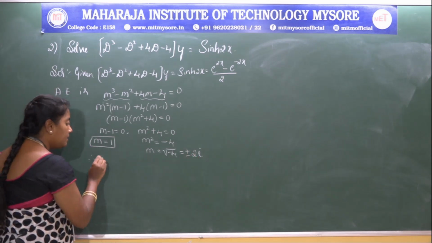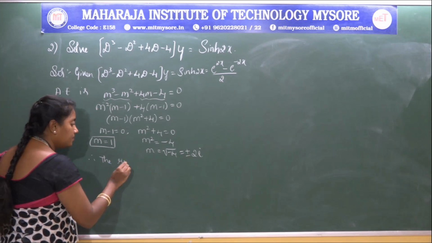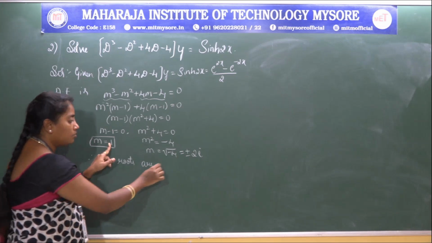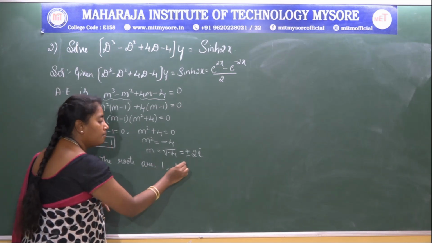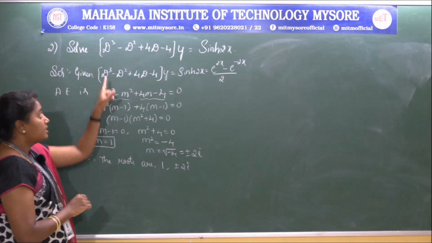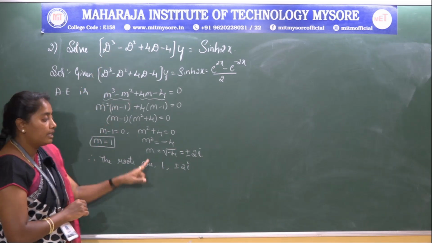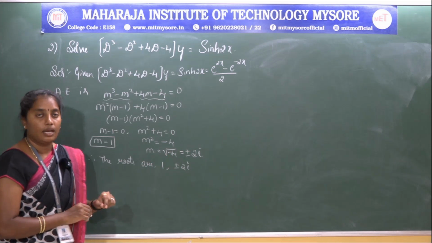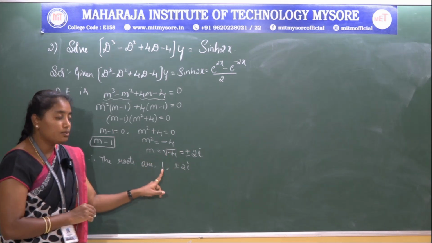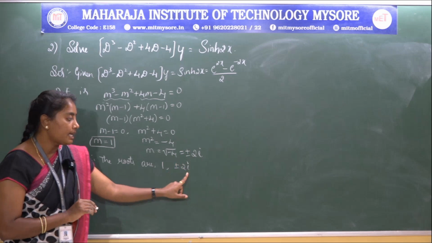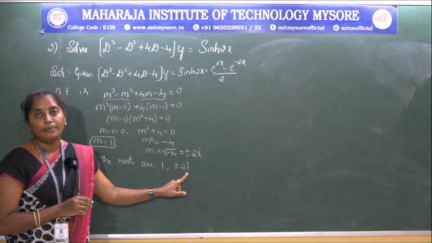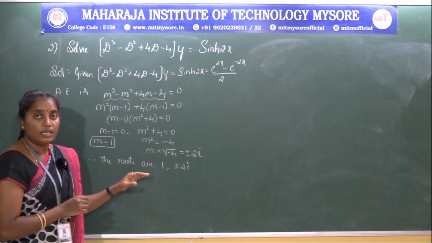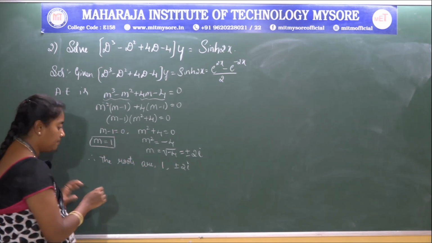Therefore the roots are 1, plus or minus 2i. Since it is an equation of order 3, we get 3 roots: 1, plus 2i and minus 2i. Here the first root is a real root, and the second and third roots are complex roots. For that we have to write the complementary function using case 1 and case 3.